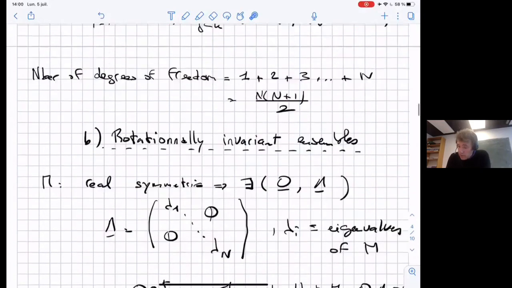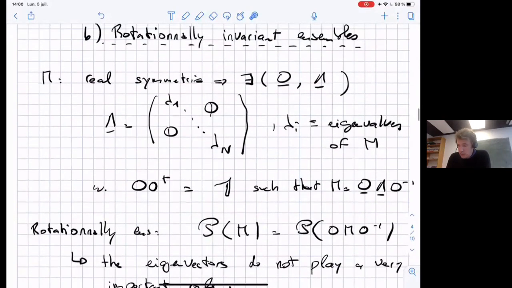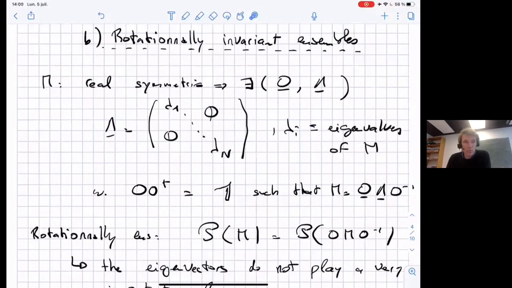On the other hand, I defined these other sets of rotationally invariant ensembles, which are really constructed more from the point of view of symmetry. There you define your probability measure not on the entries of your matrix, but on the matrices themselves, which is really different if you think a little bit.